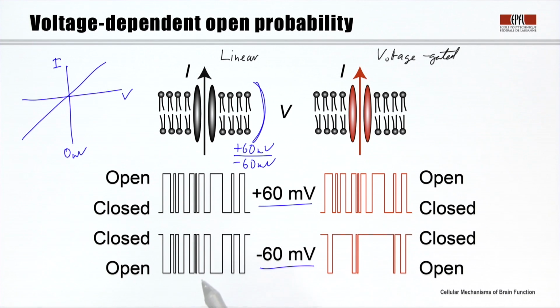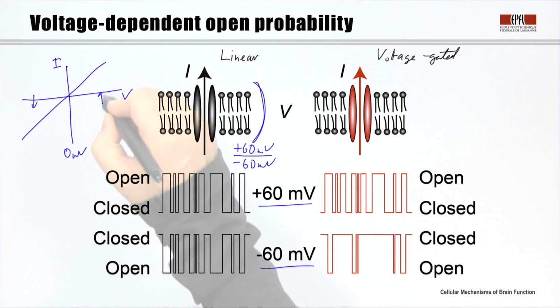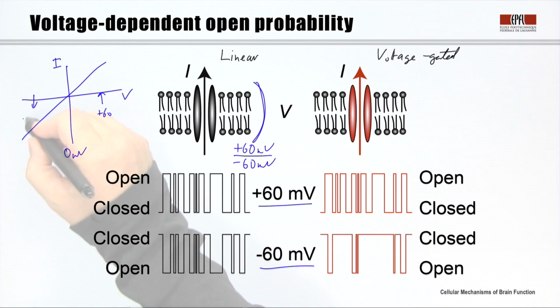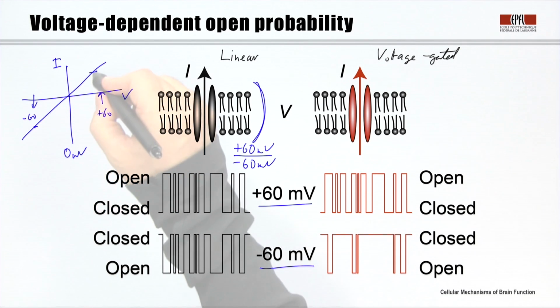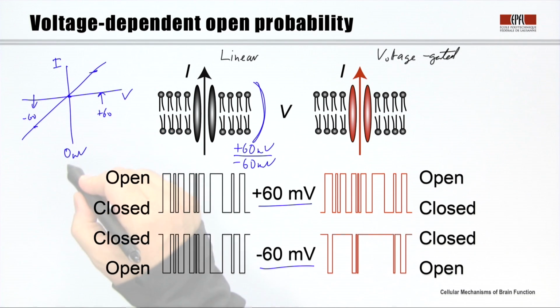The open probability is still about 50%. But now, of course, when the ion channel opens, the currents flow in, because we're in this symmetric situation where we have plus 60 and minus 60 millivolts. The amount of current here is the same at both ends in an ohmic ion channel with reversal at 0 millivolts.